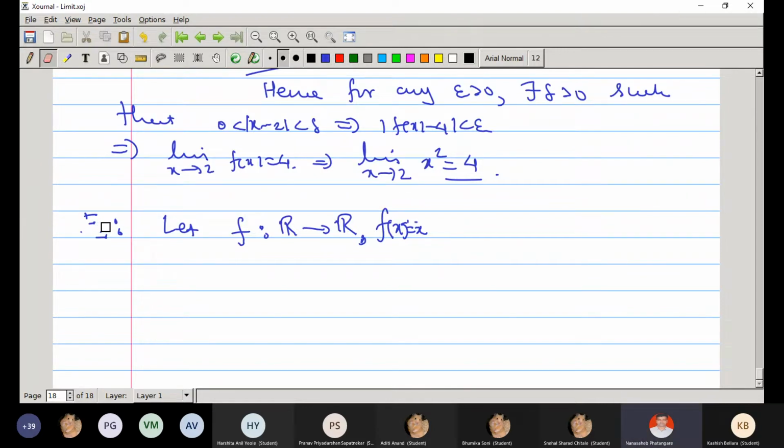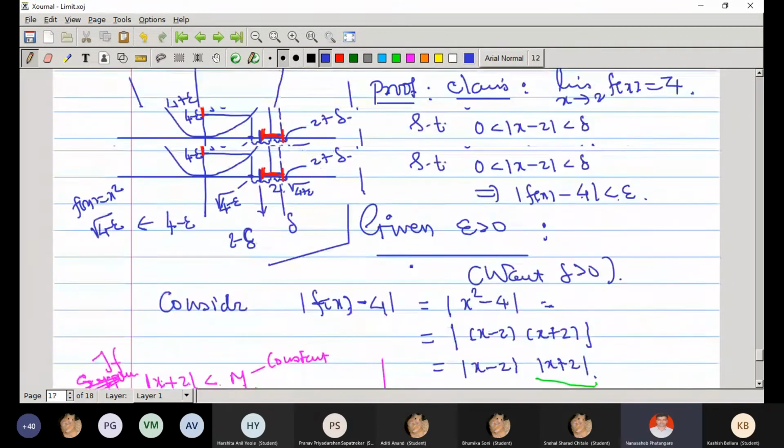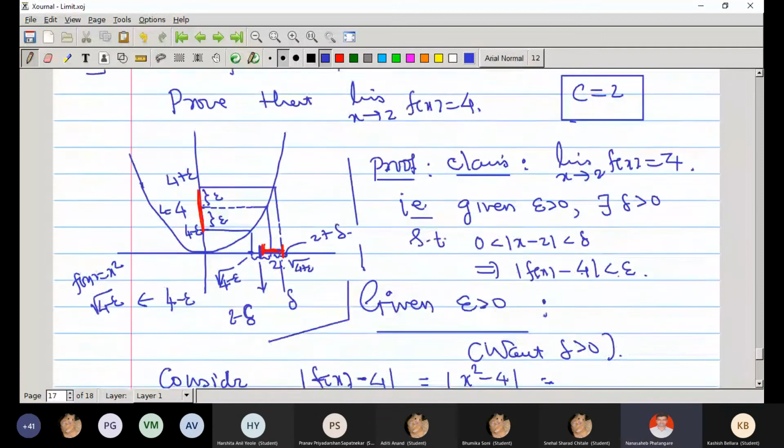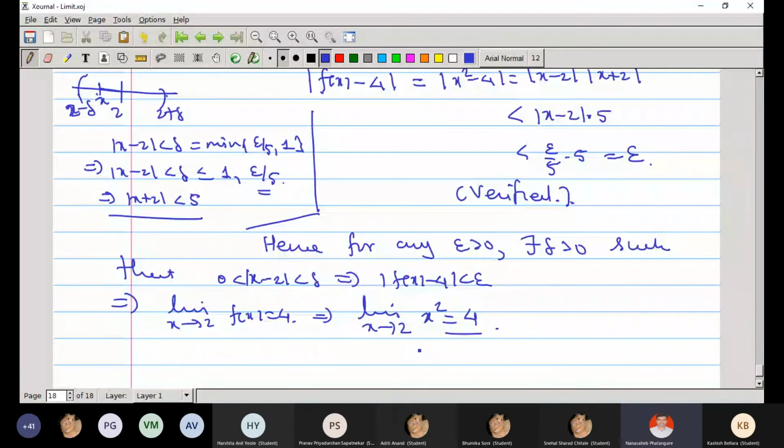Okay, before this exercise, let me note one thing. We did this for 2, right? But what is the domain of the function? In the previous example, what was the domain? R, right?